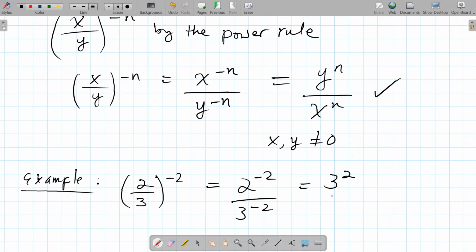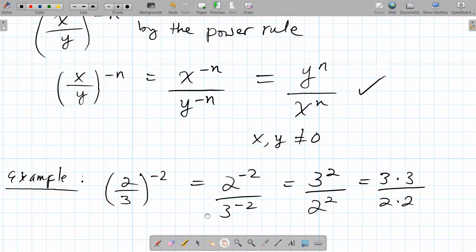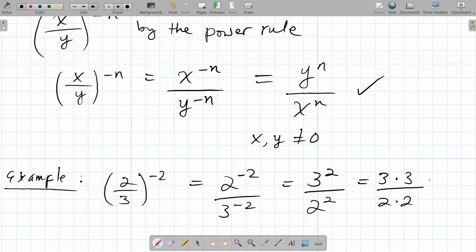So that goes to the top, and that comes down. They become positive. And then 3 to the second power is 3 times 3. And 2 to the second power is 2 times 2. And as you go through it, that should give you 9/4.